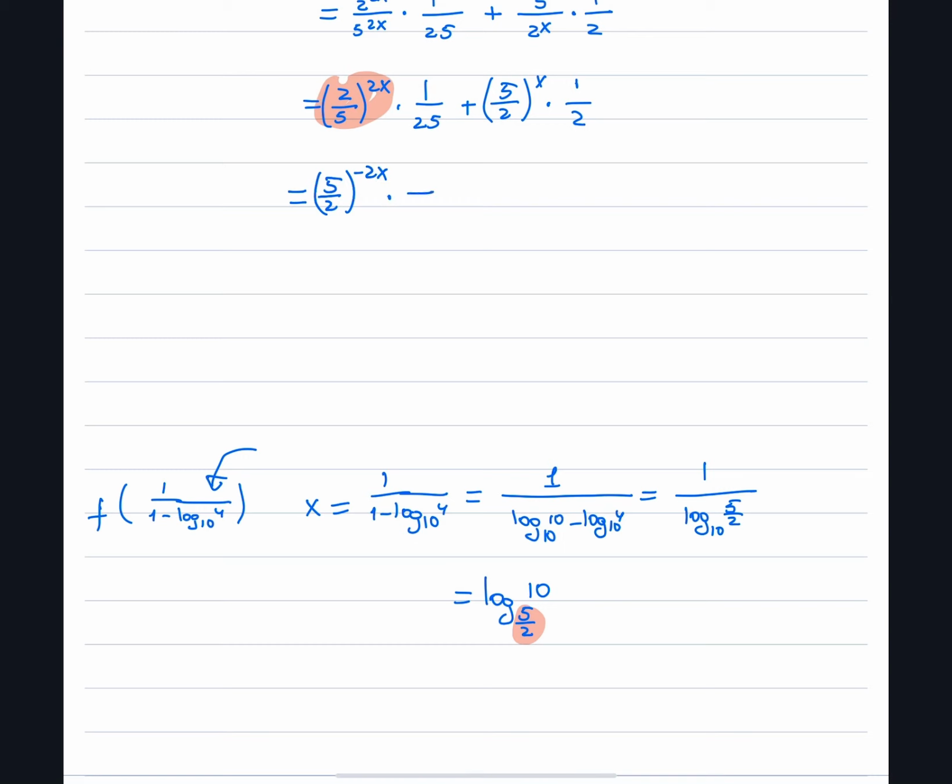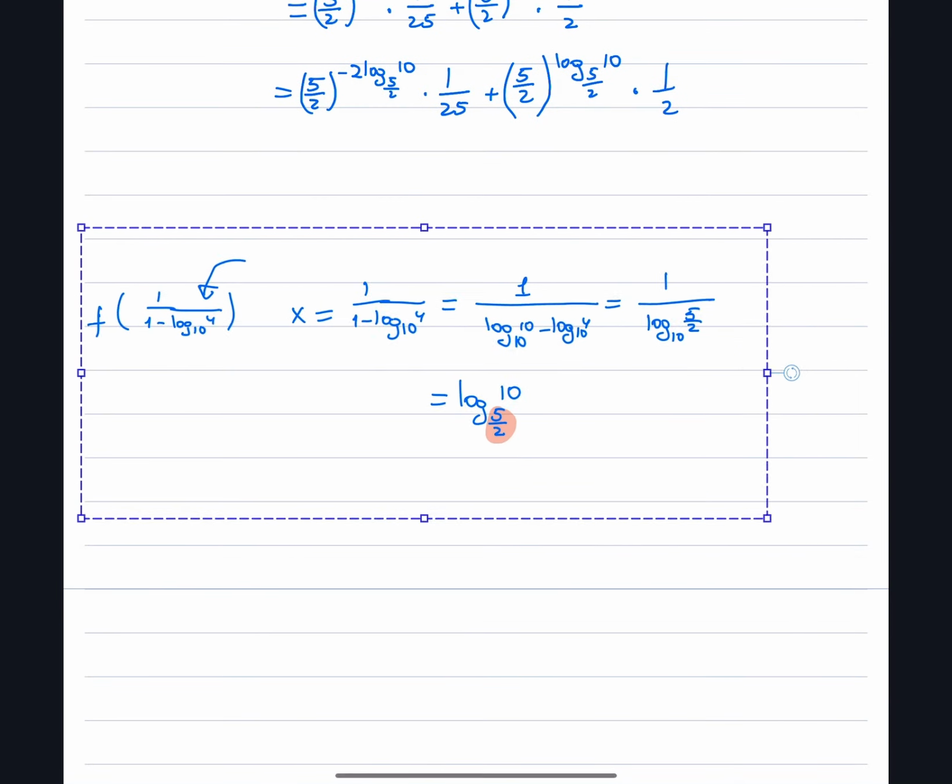Okay, so it's still multiplied by 125, 1 over 25, plus 5 over 2 again, to the power of x times half. So that's obviously 5 over 2 to the power of negative 2 log base 5 over 2 of 10 multiplied by 1 over 25 plus 5 over 2 to the power of log base 5 over 2 of 10 multiplied by half.